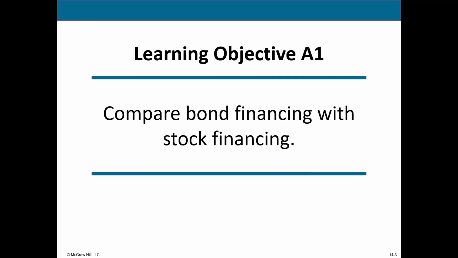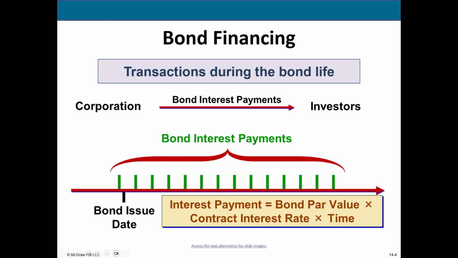The company repays the investor the interest and the face value of the bond at its maturity date. So very, very similar to the way that a long-term loan works.